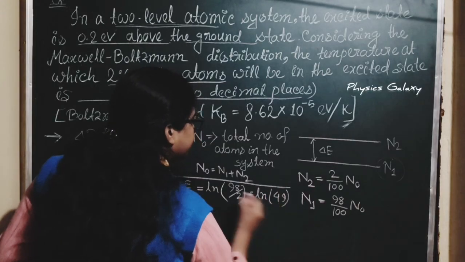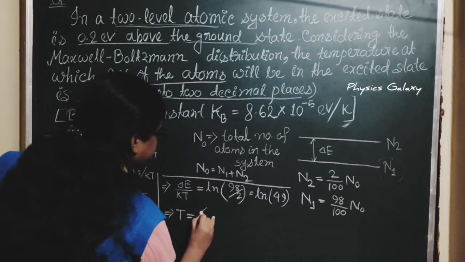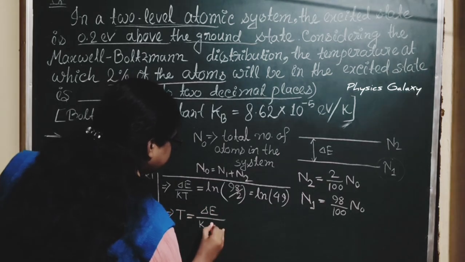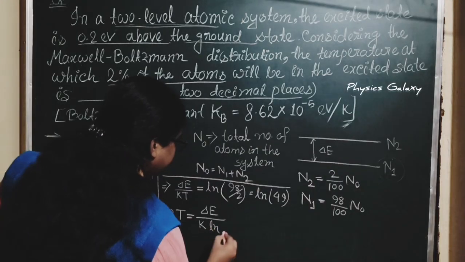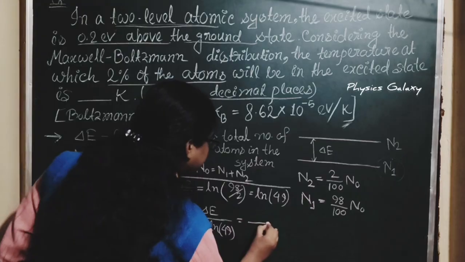Okay, now calculate T. T will be delta E by k into ln 49. Put all the values.